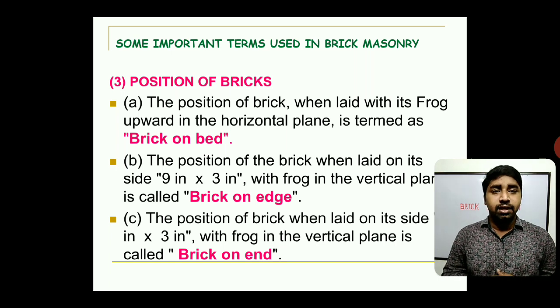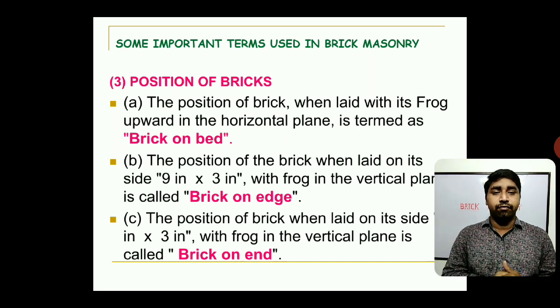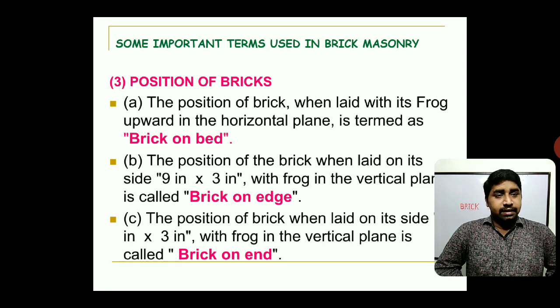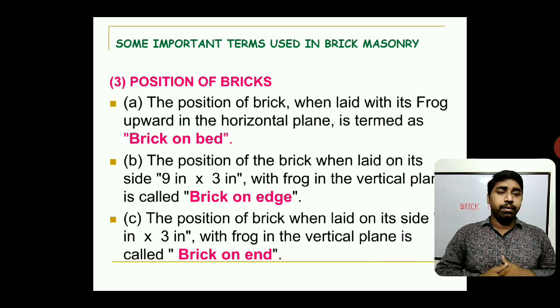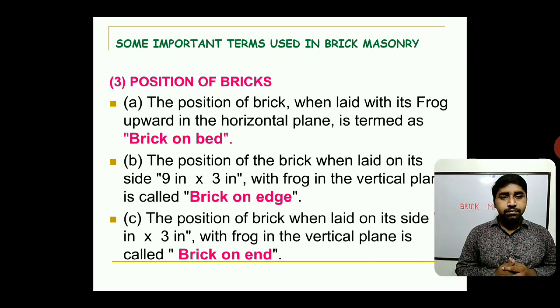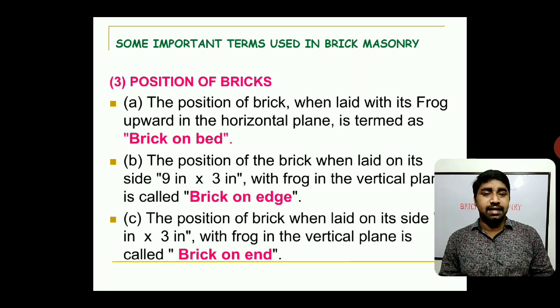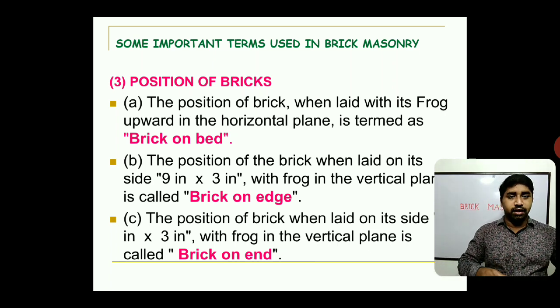If you see the position of the brick when laid with the frog upwards, that means if it is laid like this and the frog is facing upward, then it is called brick on bed. Next, the position of the brick when it is laid on its side, means 9 inches face and 3 inches face are there.